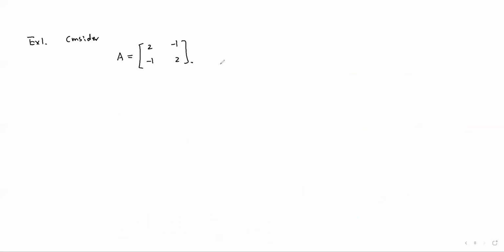Consider the linear system whose coefficient matrix is this matrix. Then from this equation we have the Jacobi iteration. Its iteration matrix has spectral radius equal to 0.5.